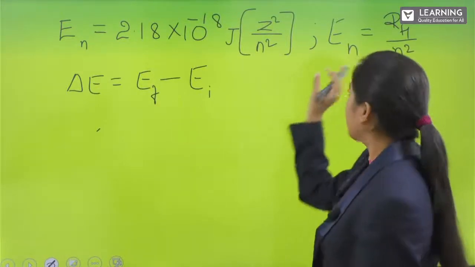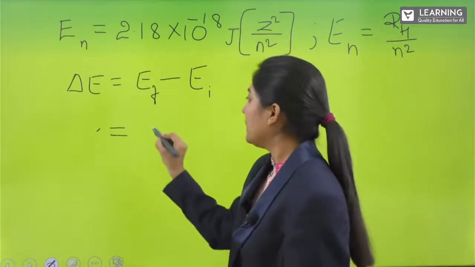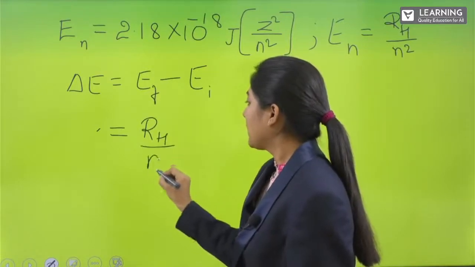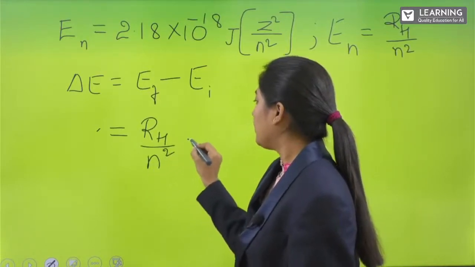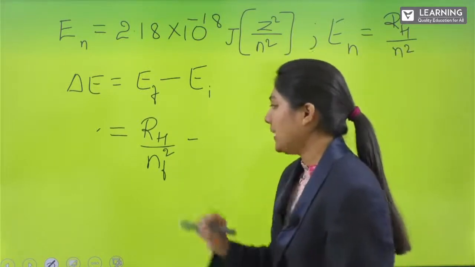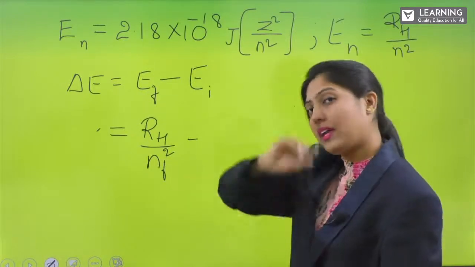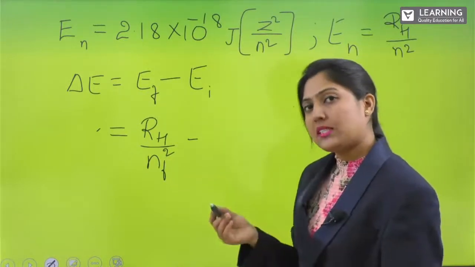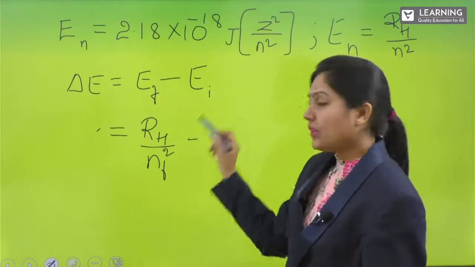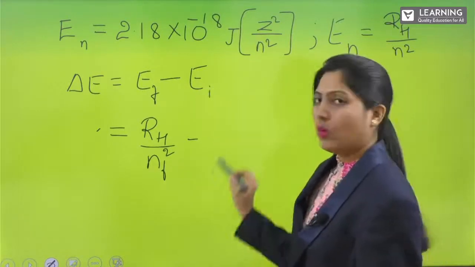So if you substitute the value of E, you will get RH divided by n square minus, here we need to mention nf, not only n, because this is for the final orbit. Orbit changes mean, for example, E2 minus E1, so it will become n2, likewise n1.